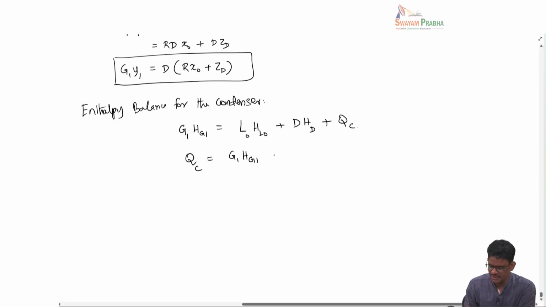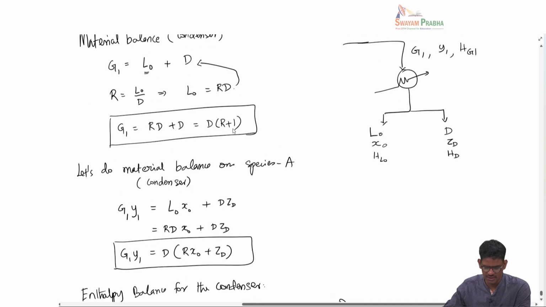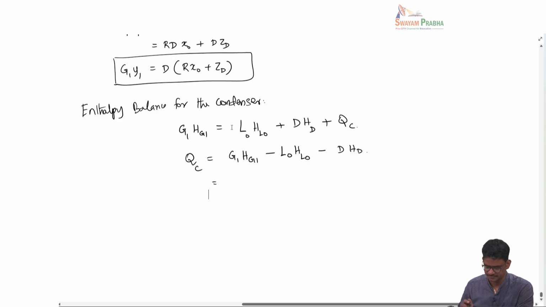Then you can write QC is equal to G1 Hg1 minus L naught HL naught minus D HD, and we already know from the material balance that G1 can be written in terms of the reflux ratio as D times R plus 1. So I am writing G1 Hg1 as D times R plus 1 times Hg1, and L naught is nothing but R times D, minus D HD.